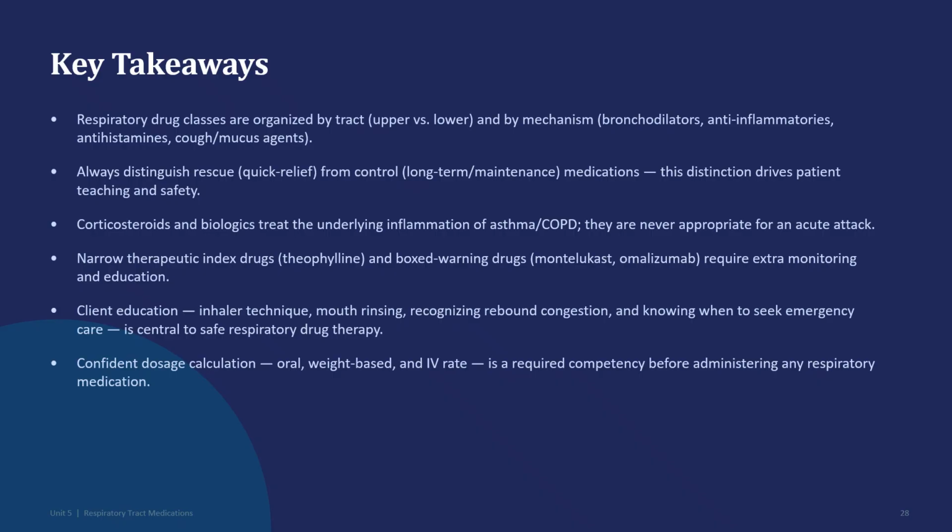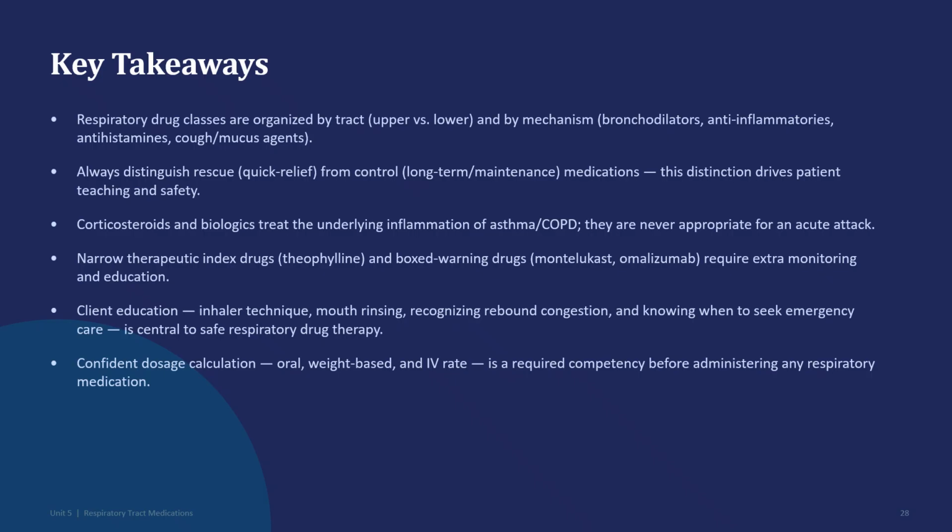So these are your key takeaways, and I'm not going to read them bullet point by bullet point, but here are just a few things that stick out. One, nearly every respiratory medication does one of 3 things. It widens the airway, it calms inflammation or an immune overreaction, or it manages secretions and cough.